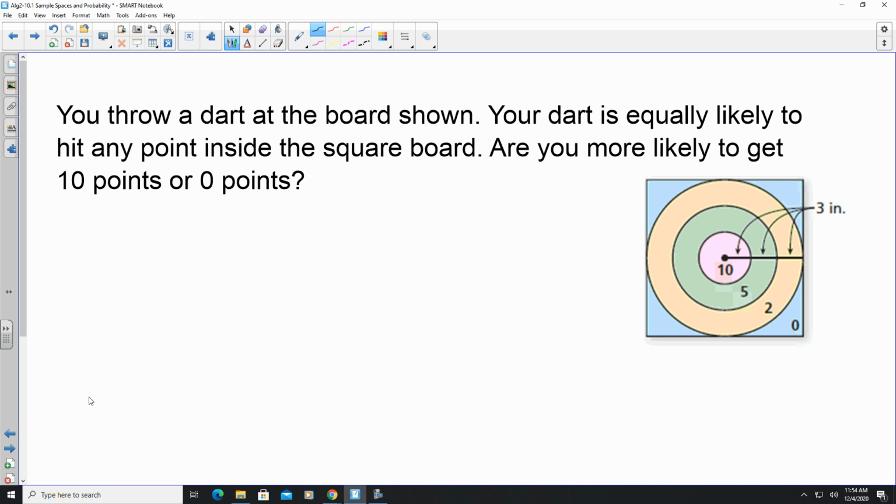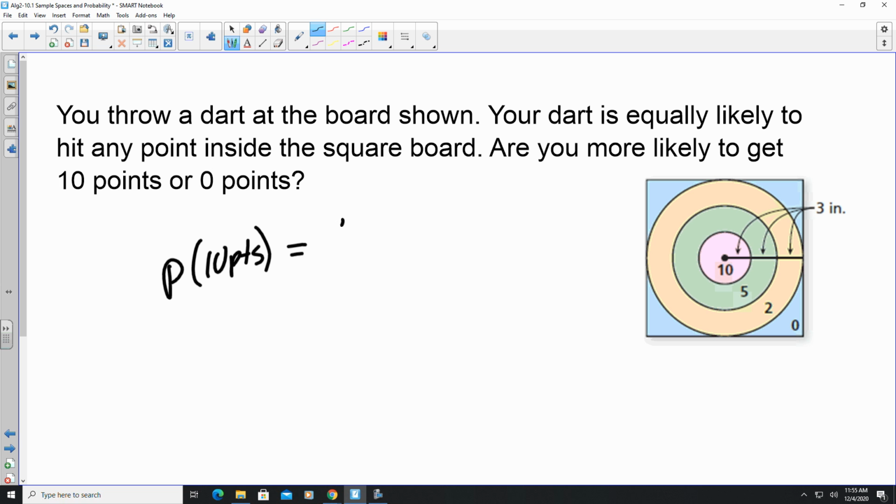So the first thing I'm going to do is look at the probability of you getting 10 points. In order to do that, we're going to look at area. In this particular instance, the 10-point circle has a radius of 3 inches, so the area of that circle is pi r squared.